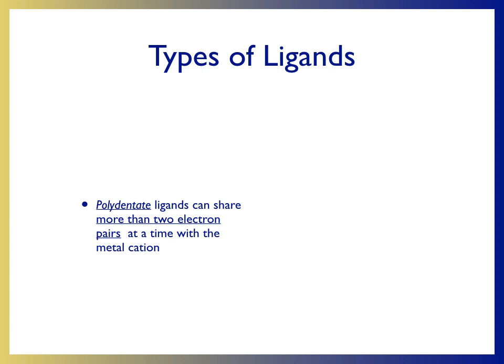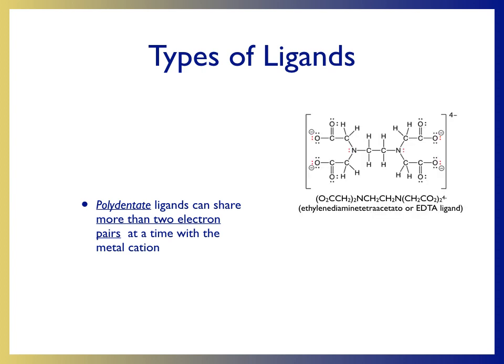A very common polydentate ligand that you might have seen as part of your food items is EDTA. EDTA stands for ethylenediaminetetraacetato. This large ligand has 6 pairs of electrons that can be shared all at once with a metal cation.